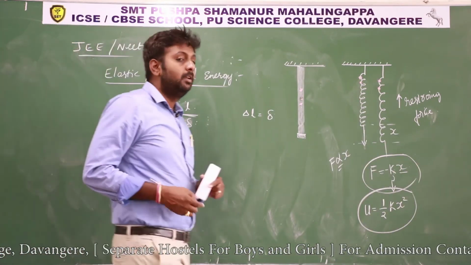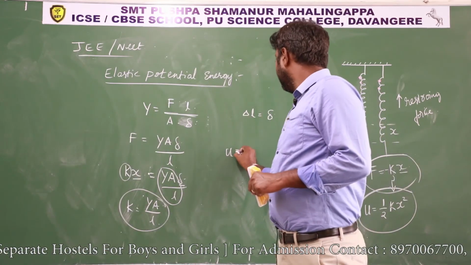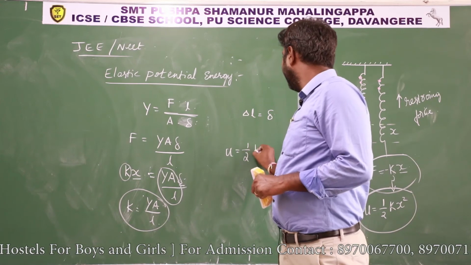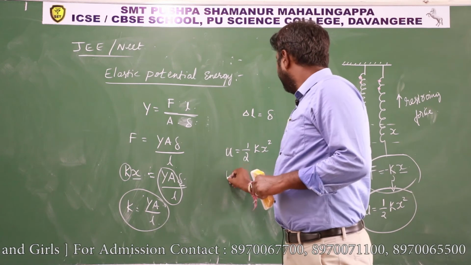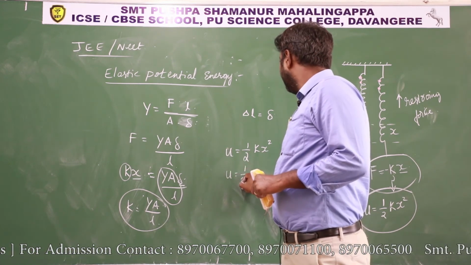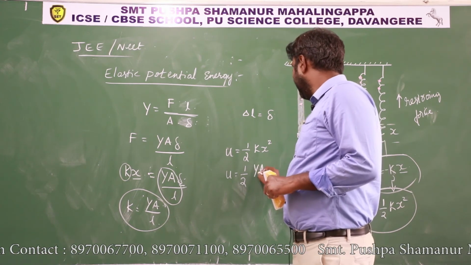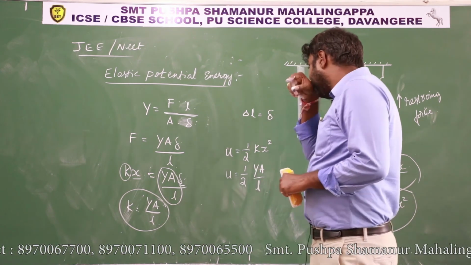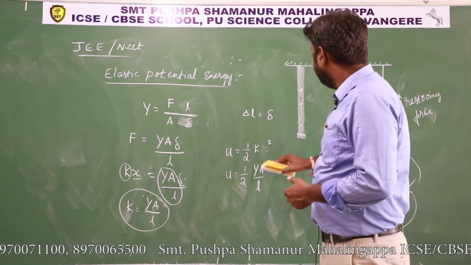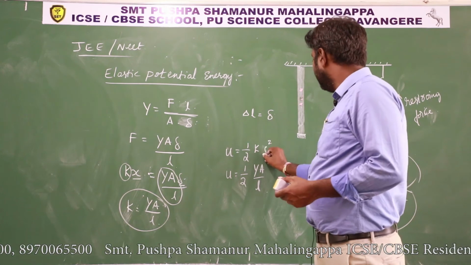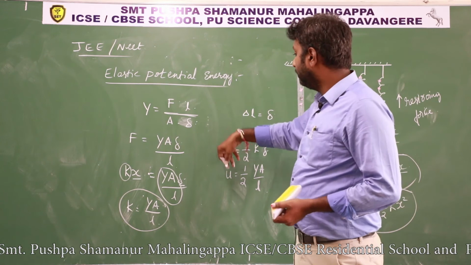Then what is the potential energy formula? Potential energy formula is given as half kx square. That is U is equal to half, and the value of K is Y A divided by L. Here x square, in this case in the rod, what is x here? X is nothing but this elongation delta L, delta square. And what is the delta square formula?